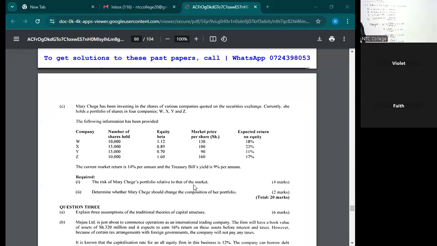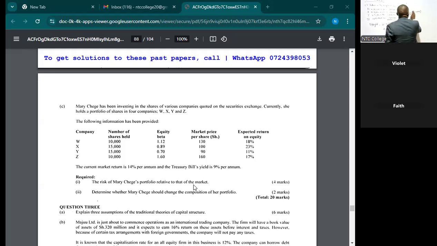So the risk of the portfolio here, we can now get the weighted beta. The weighted risk of the portfolio is now 0.23 times what is the risk on the first one? 1.12.